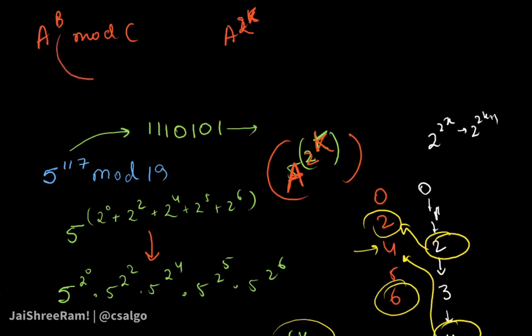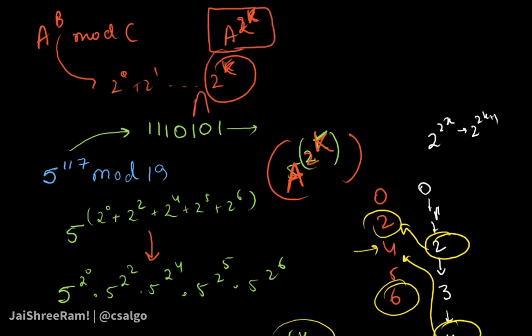Like you will write this as 2 to the power 0 plus 2 to the power 1 so on up to 2 to the power k, and that k would be the last a to the power 2 to the power k that you need, right? Because that's where this a will get distributed. So if you write this b in binary, the k that comes up last is the one up to which you will need to go.